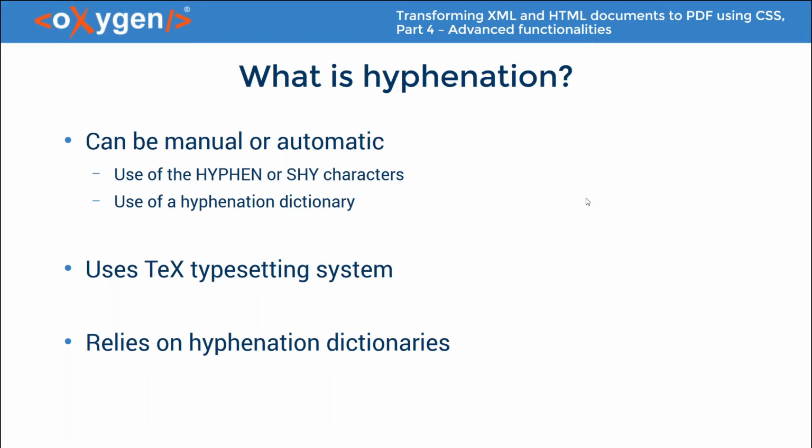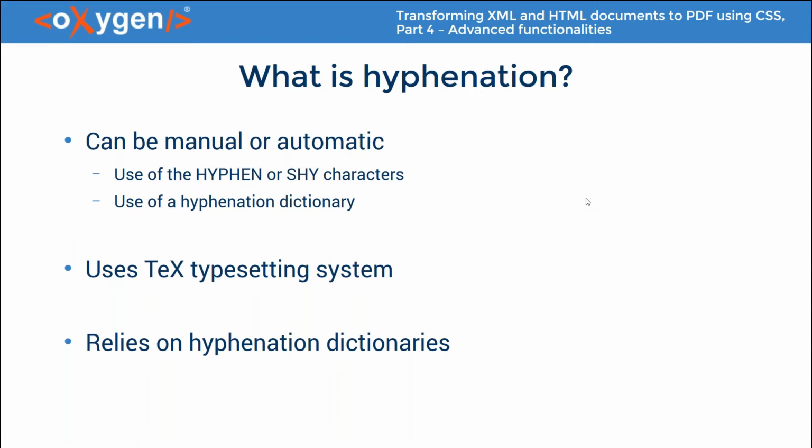So in our case, the PDF Chemistry processor supports two types of hyphenation: manual hyphenation or automatic hyphenation. The first one is based on the use of the hyphen or soft hyphen character. The only difference between them is that the soft hyphen character is not displayed in the content, but exists in your XML source.